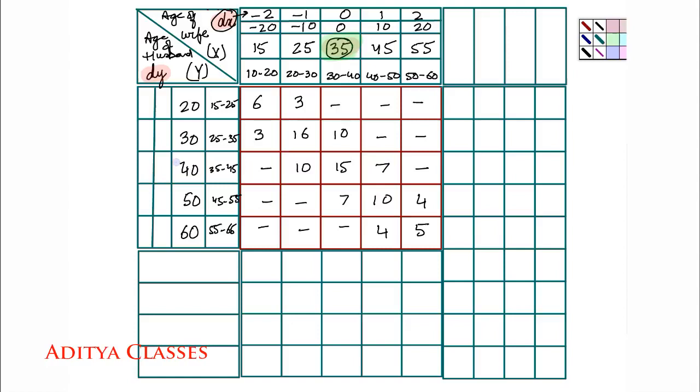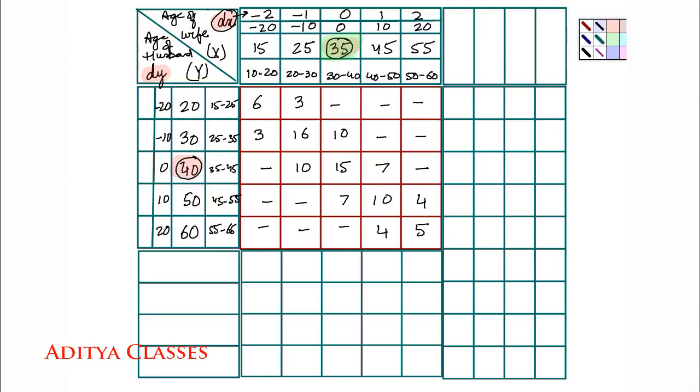Fine. Similarly, can we try to solve it for 20, 30, 40, 50? Definitely I can take 40 as my reference point, and if 40 is the reference point, how much more is 50? It is 10 more, and 60 would be 20 more. 40 will be 0 because 40 is the reference itself. 30 is 10 less, so it will be 30 minus 40, giving me minus 10. 20 minus 40 gives me minus 20.